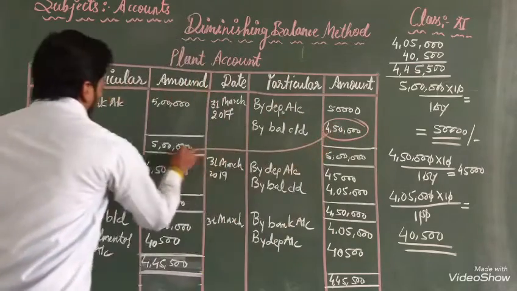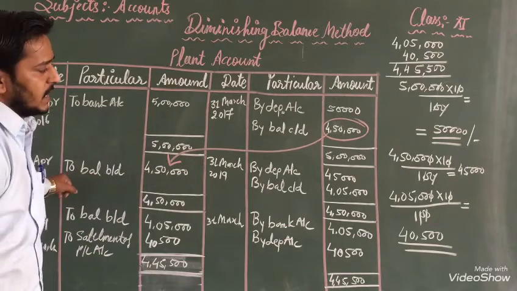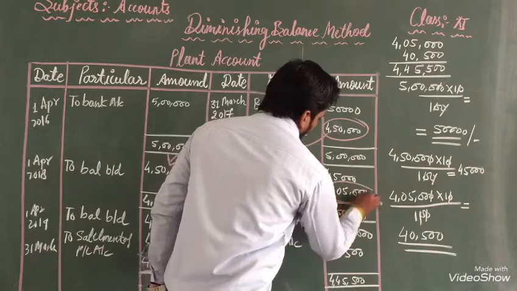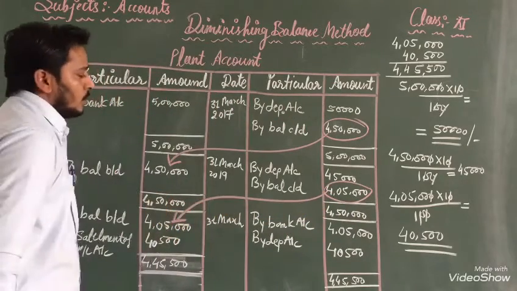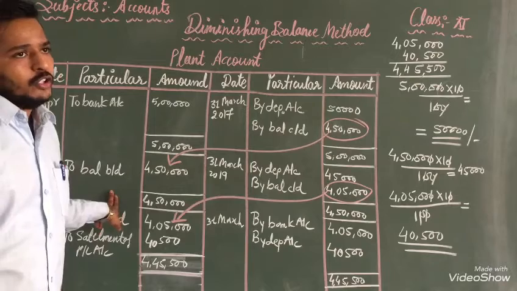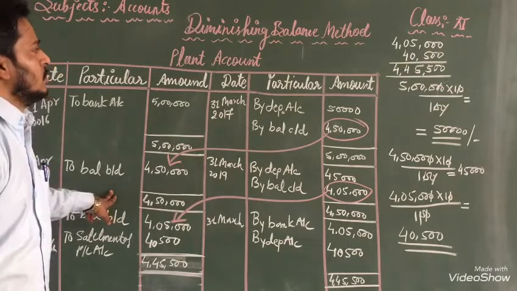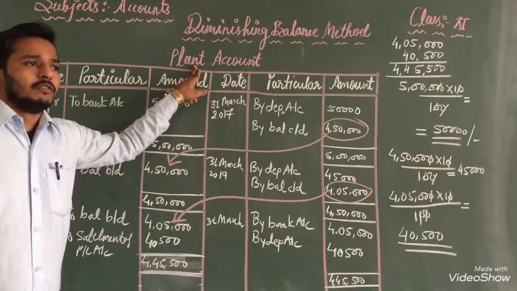The same balance they have to write here on 1st April 2018. Next balance is coming here. On that balance they have to write here. With the help of that video, you can know each and everything, and with the help of that, you can make the plant account.